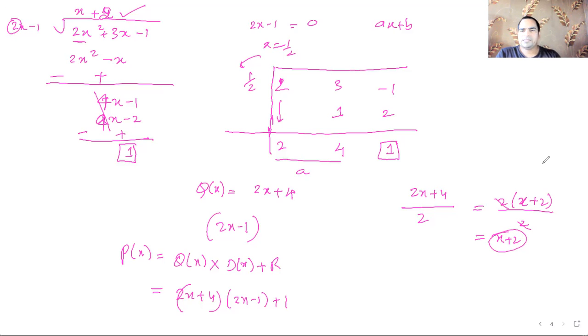And just to add to this, I'm going to give the final evaluation of polynomial division. Whenever you're dividing a polynomial P(x) by a certain divisor D(x), and let's say your quotient is Q(x), and you get a certain remainder R(x) or a constant number, then P(x) can be written as quotient times divisor plus remainder.